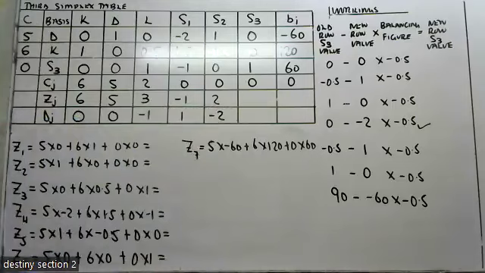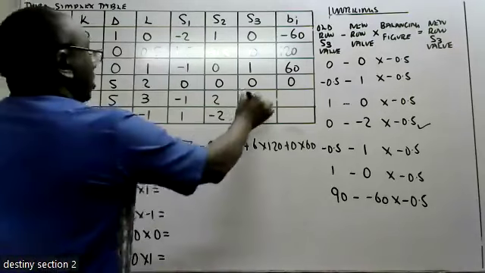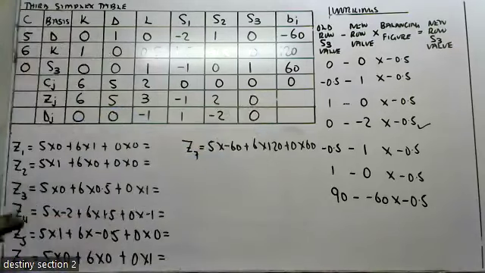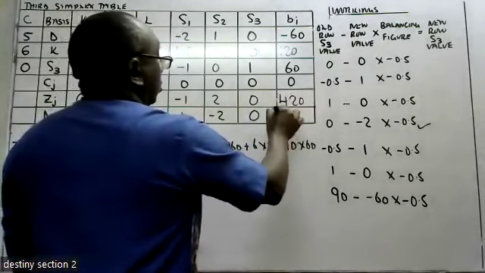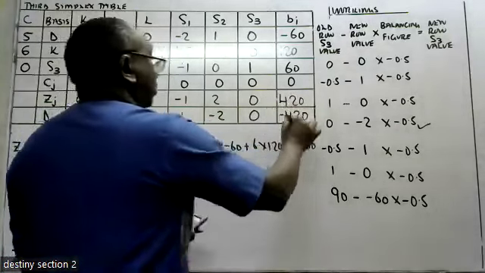And then 5 times 0 plus 6 times 0 plus 0 times 1 is 0. So I get 0. Then 5 times minus 60 plus 6 times 120 plus 0 times 60 is 420. So we minus.